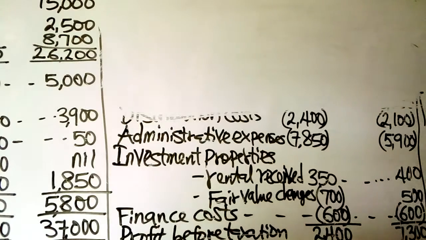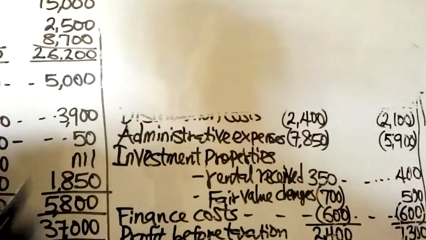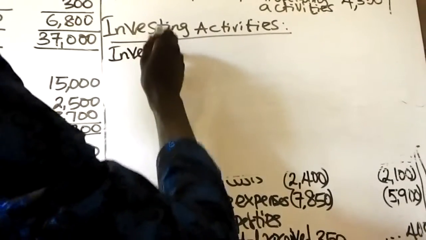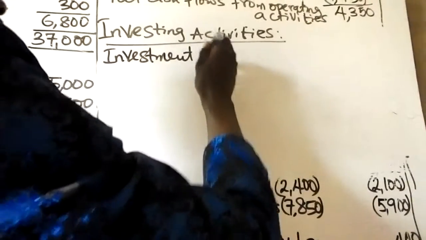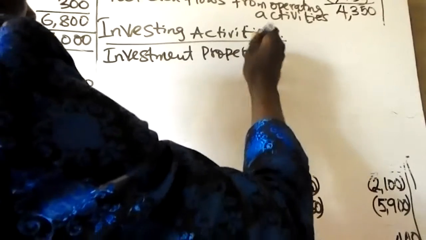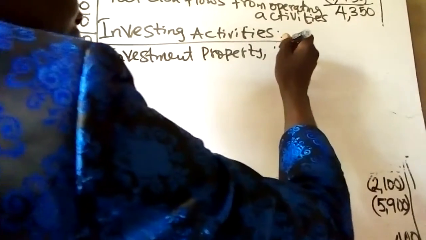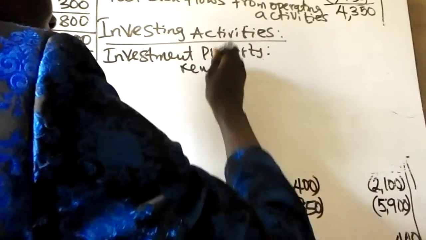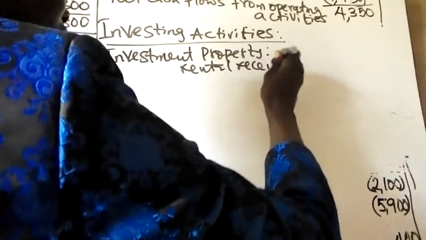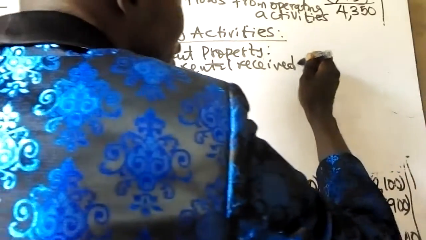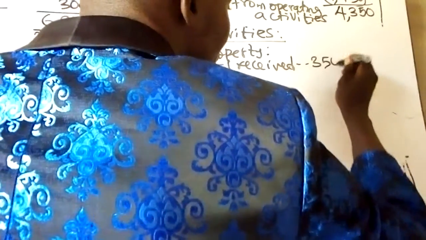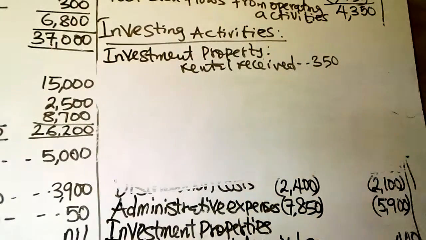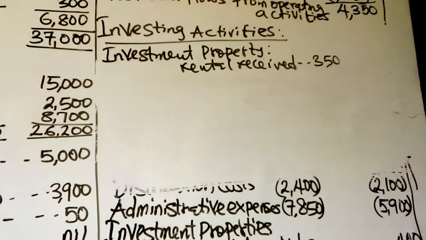So you are starting with investment property, rental receipt of $350. The rental receipt is a cash inflow.